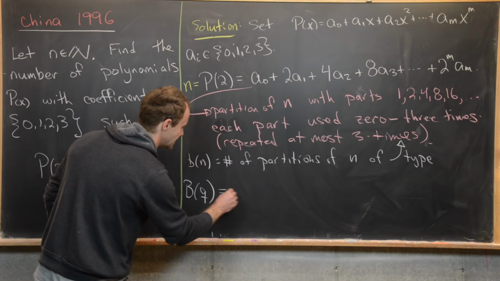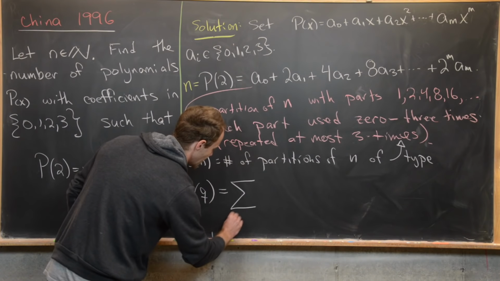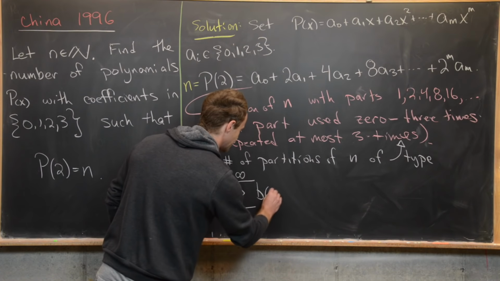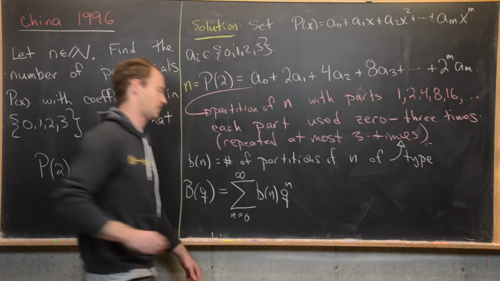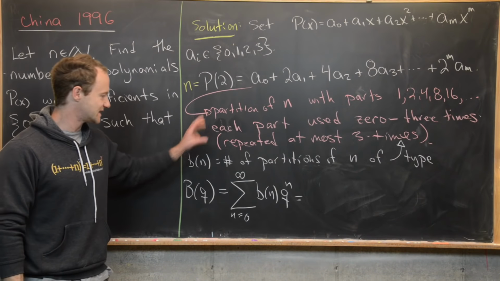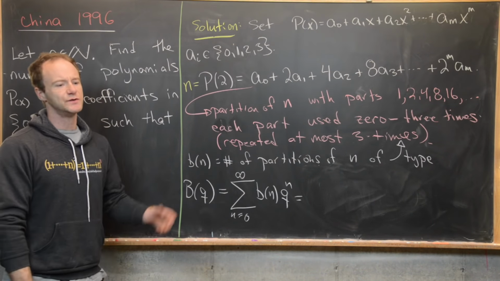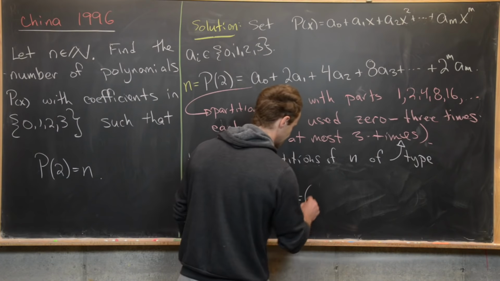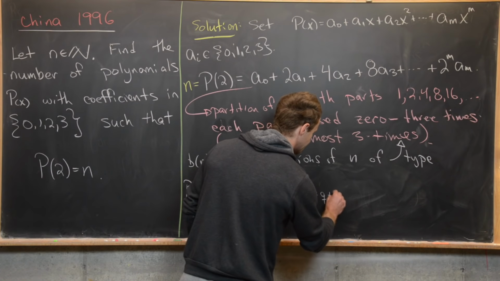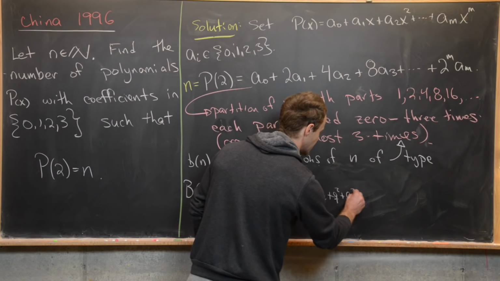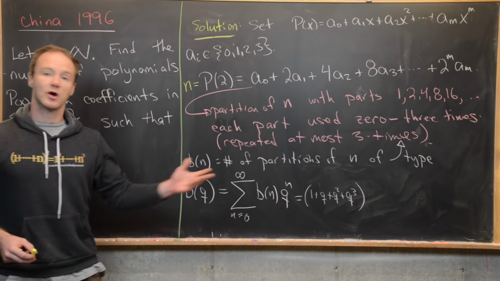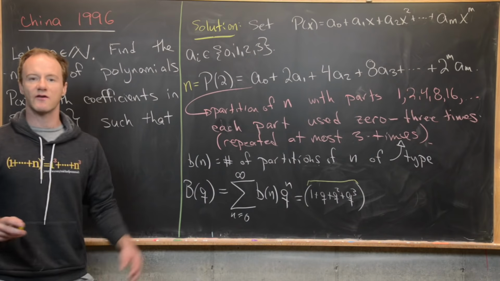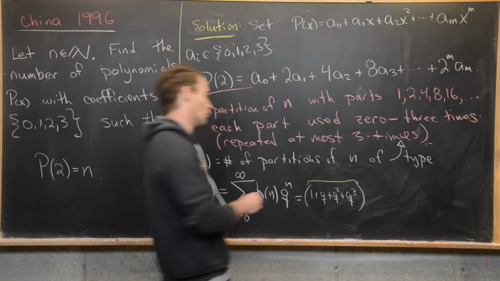Okay, so this is going to be equal to the sum, as n goes from 0 up to infinity, of b sub n q to the n. Let's translate this sentence into a generating function using the strategy that we outlined during the hints. So our first part of this will be 1 plus q plus q squared plus q cubed. I want to carefully point out that this portion of the generating function governs all of the parts of size 1.